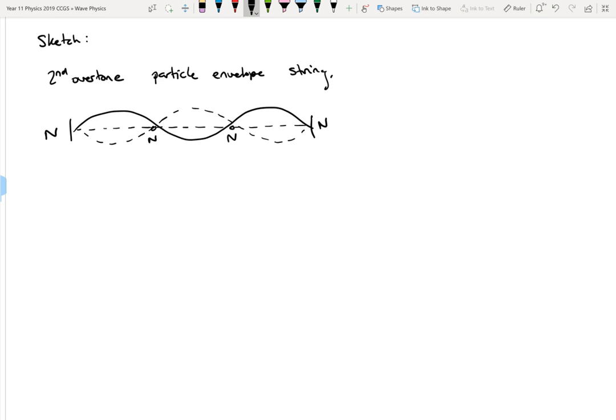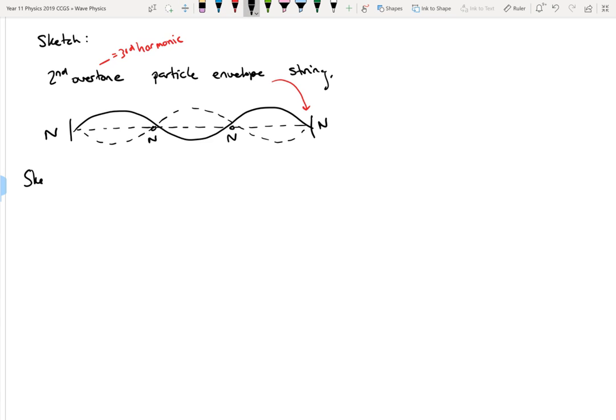That is the particle envelope for the second overtone, which is the third harmonic. Okay? Particle envelope means that there is a node at the end. So it's pressure variation. Well, we're not going to worry about pressure variations on strings, but we could. Let's go to the next one.